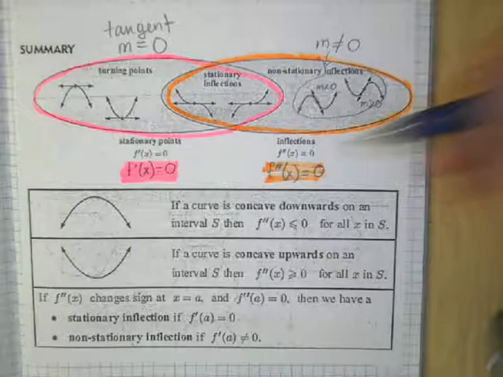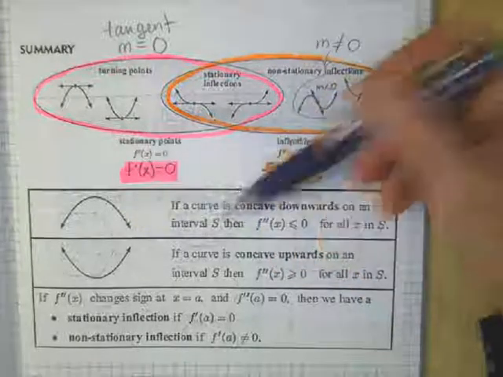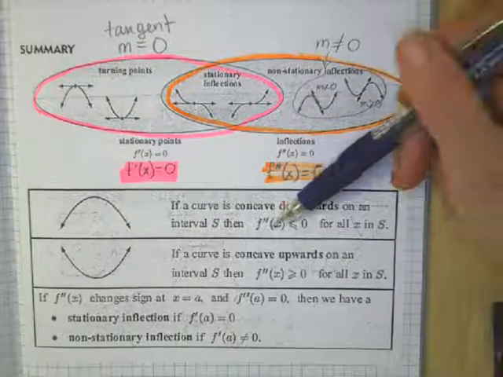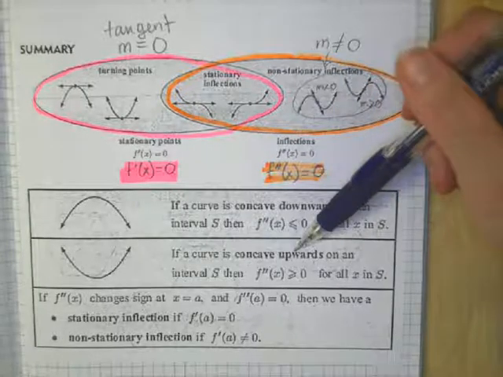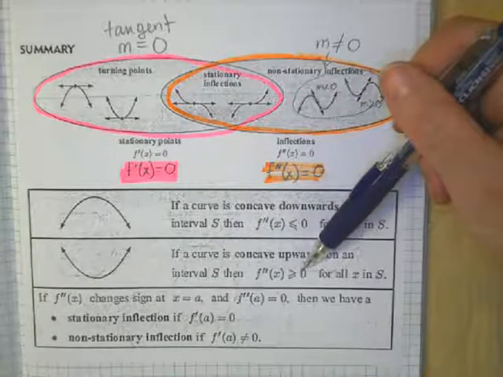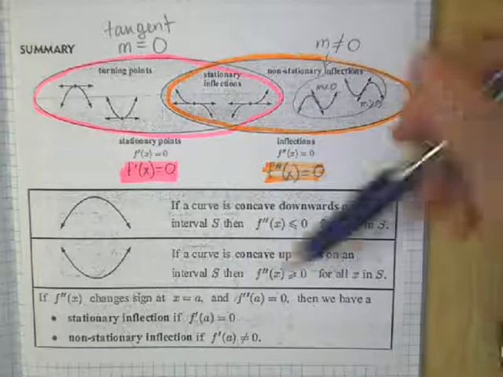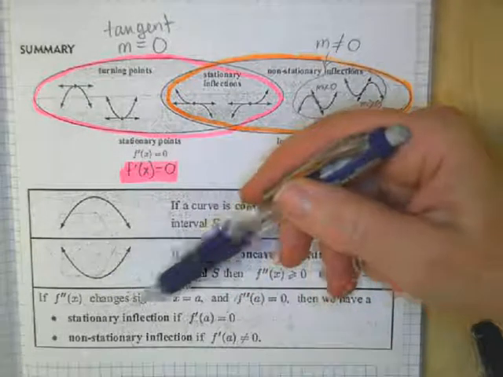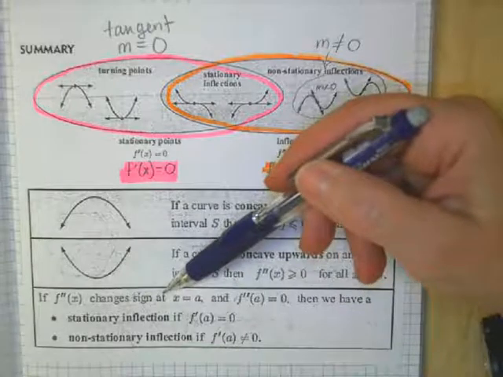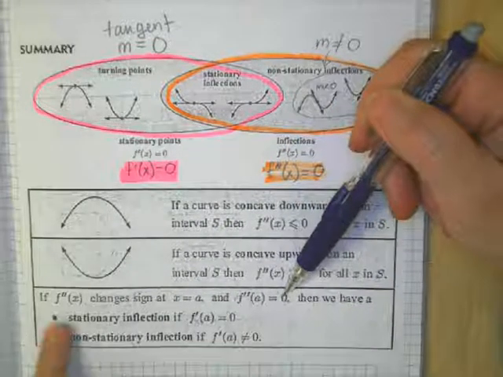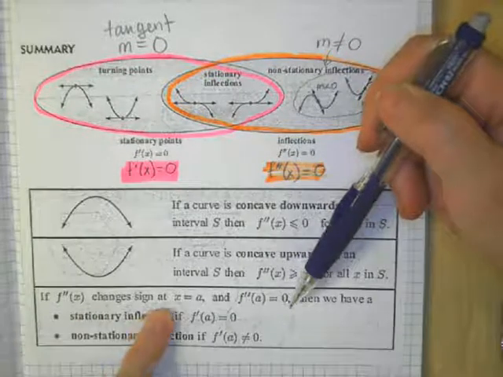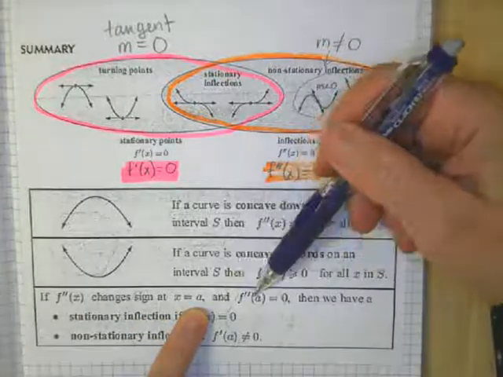Okay, so a little summary. If a curve is concave down, the second derivative is less than 0. If a curve is concave up, the second derivative is greater than 0. So if the second derivative changes sign at x equals a, what does that mean?